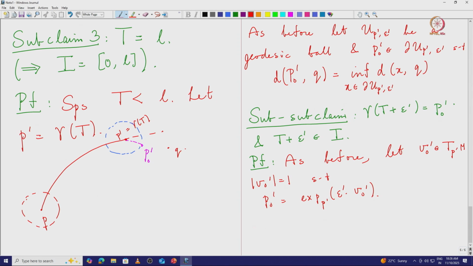Okay. And let sigma be the corresponding geodesic. Okay.